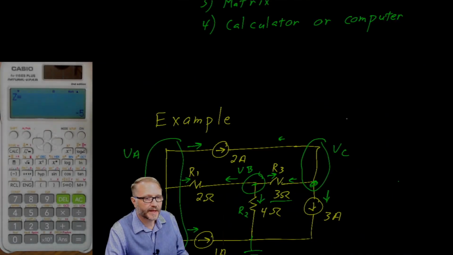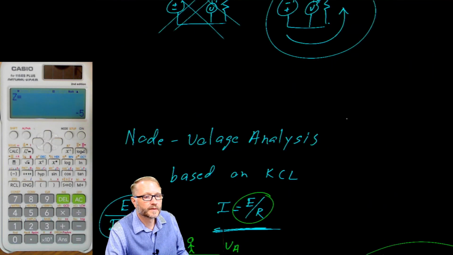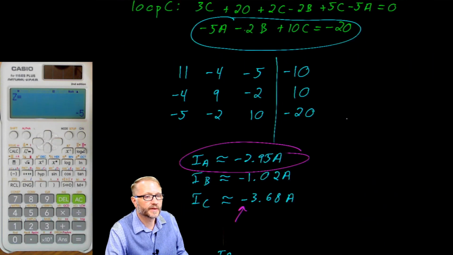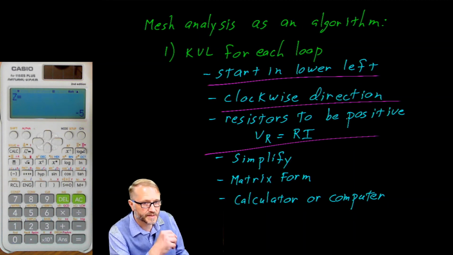Let's go back to the beginning and do a quick review. Somewhere up here, we described mesh analysis as an algorithm. And I very much encourage you to always work these problems the same way.